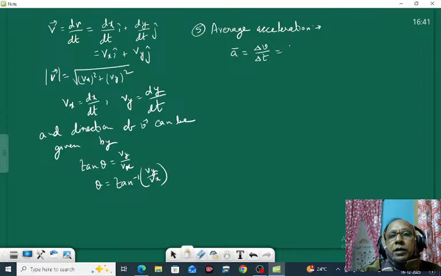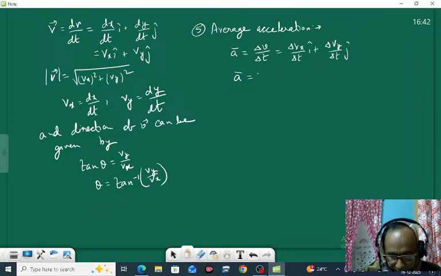And del v by del t can be written as del vx by del t into i vector plus del vy by del t into j vector. This is the average acceleration, or you can write average acceleration as axi plus ayj, where ax and ay are the accelerations in the x and y directions. This is known as average acceleration.